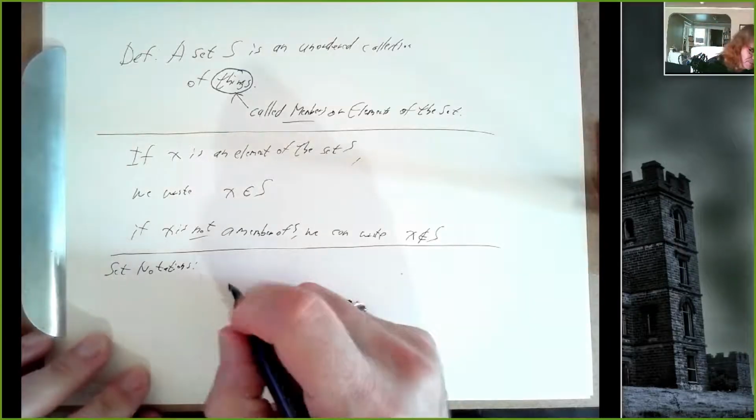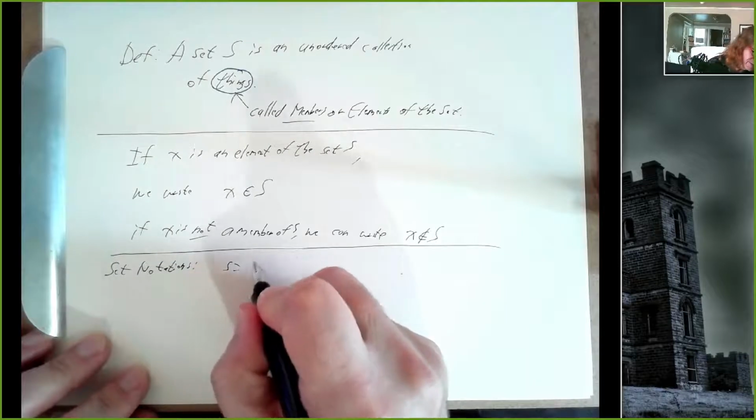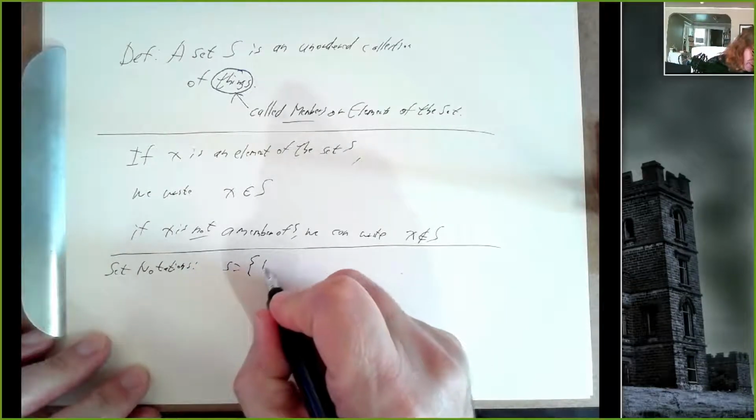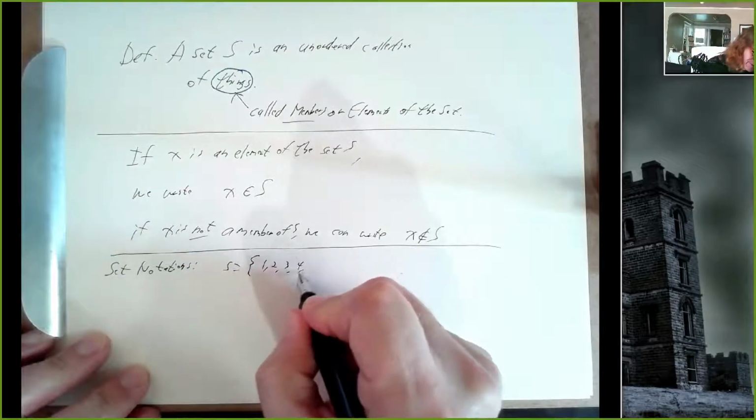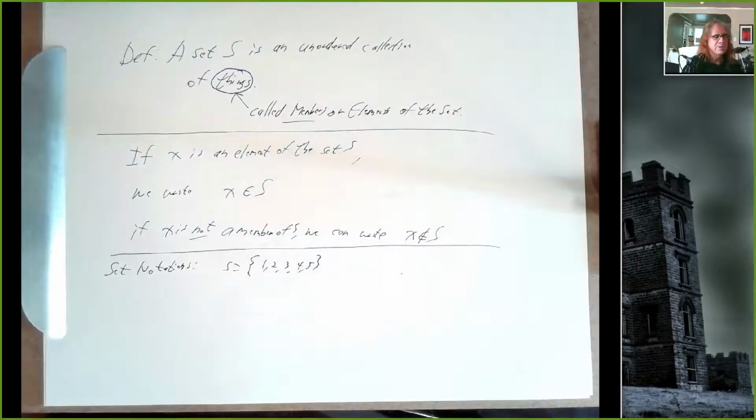One way to do this would be, for example, S equals the set {1, 2, 3, 4, 5}. That's fine if we just want to list the elements. But suppose we wanted a set that contained all positive integers.